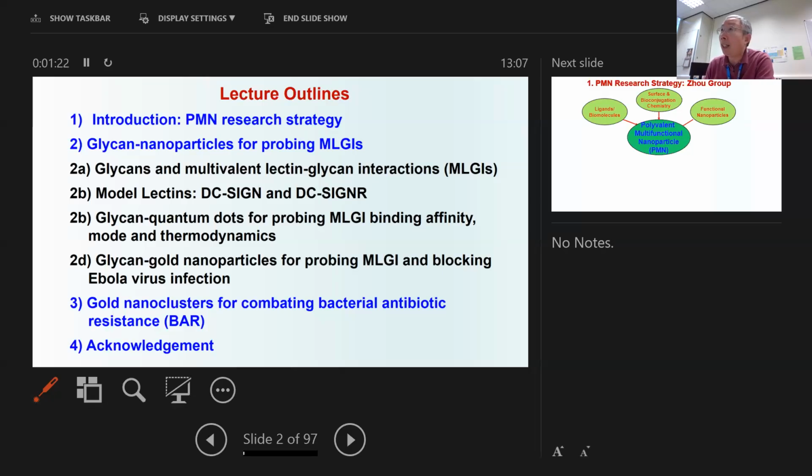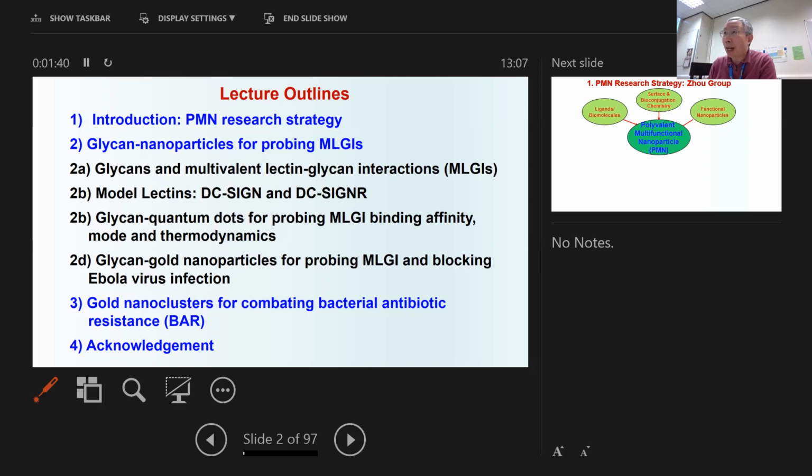And first, I will give an introduction to the PMN research strategy, and then I will give you some examples of glycans and nanoparticles for probing multivalent protein-ligand interactions.